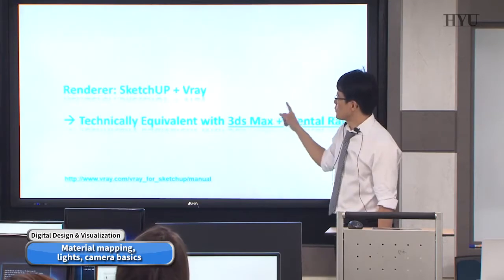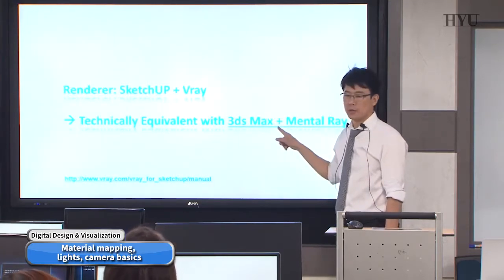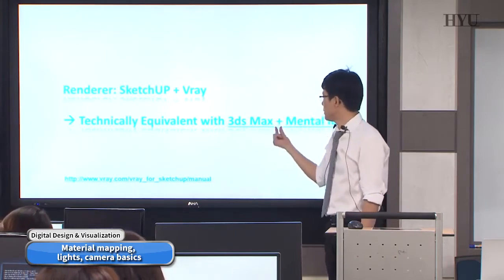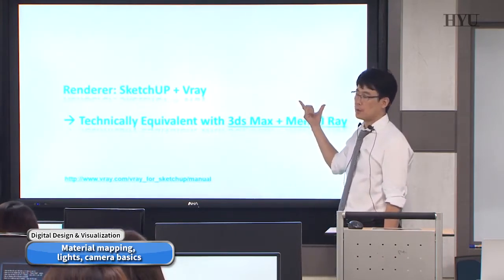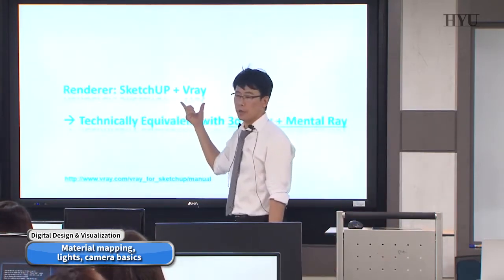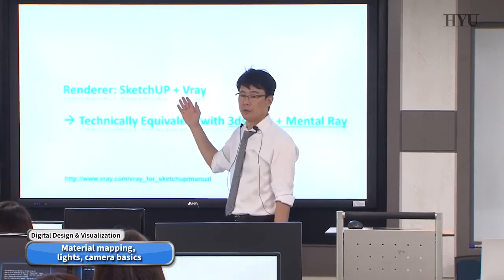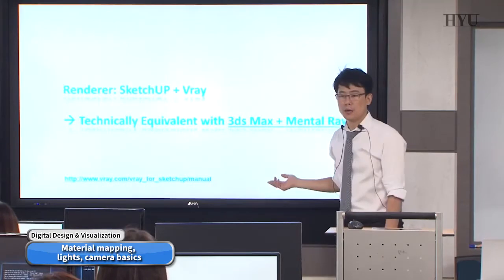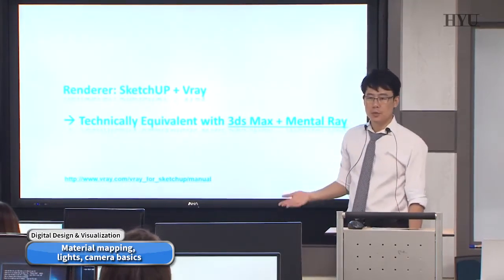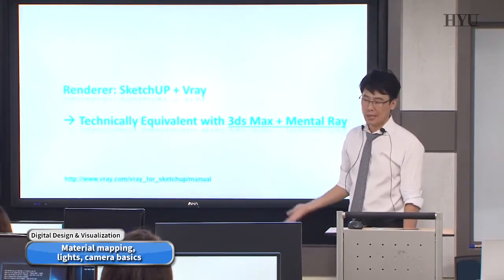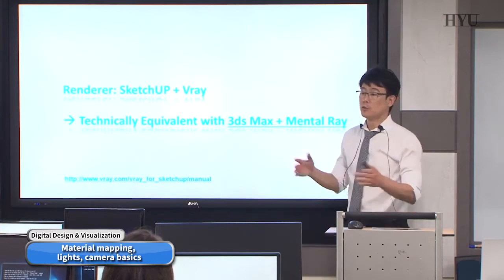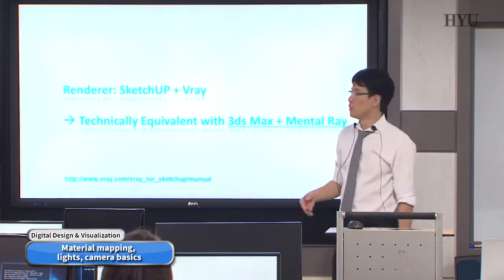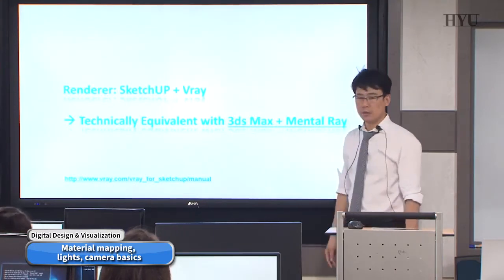What if you use V-Ray in 3D Max? You need to install the V-Ray plugin, and 3D Max plus V-Ray. SketchUp plus V-Ray. There is no Mental Ray available on SketchUp. Technically the same because diffuse, reflection, refraction, texture effect, a number of advanced technologies, ray tracing, all are available in those renderers.